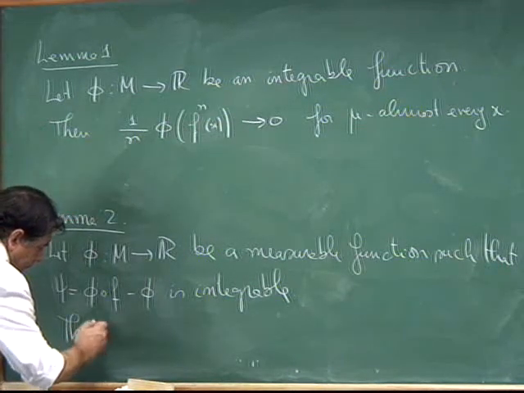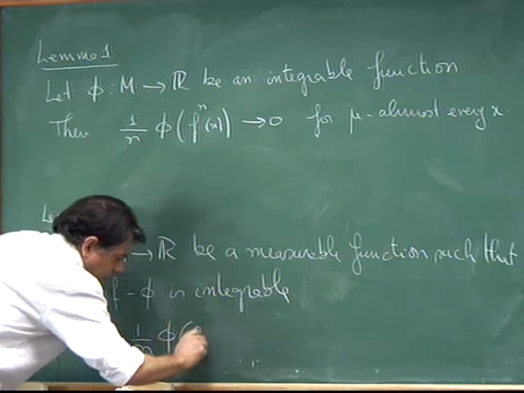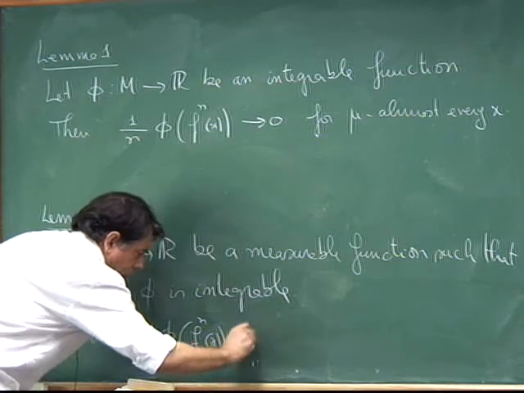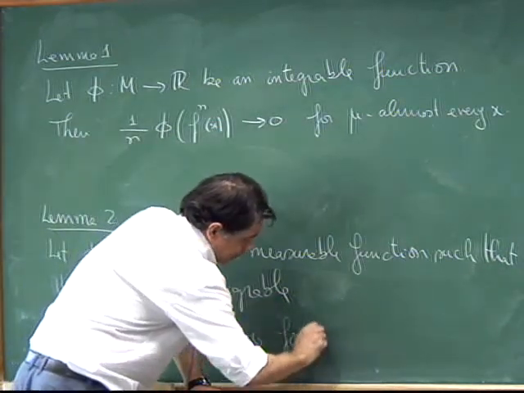Then 1 over n phi f^n(x) converges to 0 for mu almost every x.